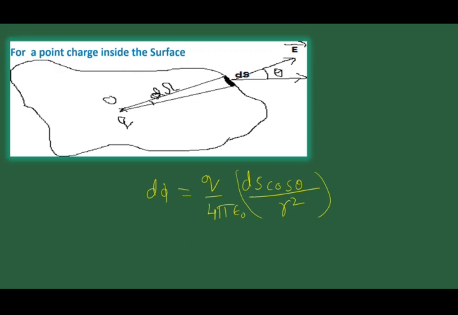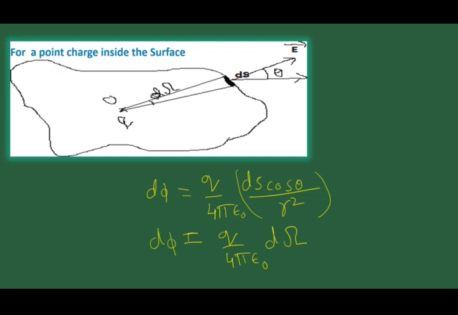This ds cos theta is the area perpendicular to that electric vector, and this area divided by r square is nothing but the solid angle subtended by this ds area at point O. Therefore, this is nothing but q divided by 4 pi epsilon naught, and that is the small solid angle d omega.